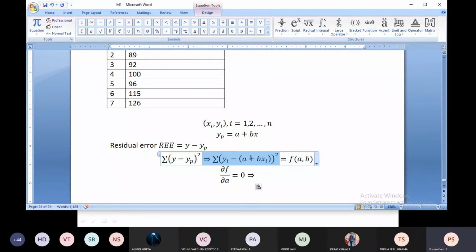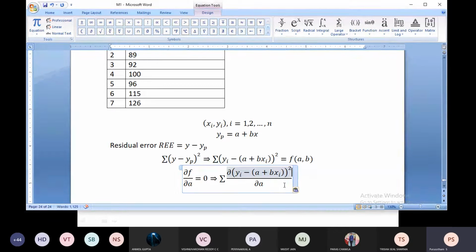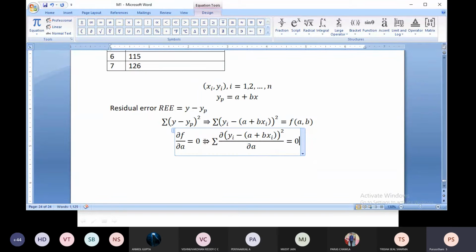Dou F by dou A is dou by dou A of the sum of yi minus a plus b xi whole square. The differential operator satisfies the linearity property, so dou by dou A of the sum, dou by dou A of this expression, and then equate to 0. So what is the resulting expression you are going to get?